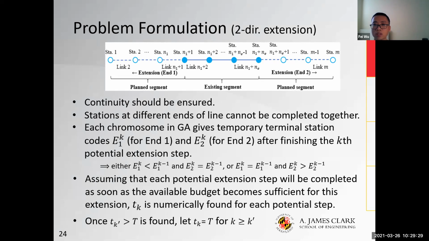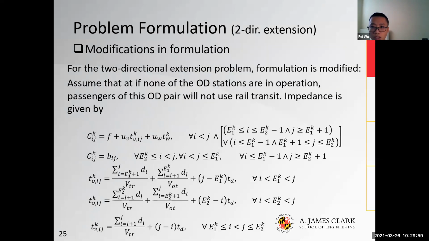The stations and links for the corresponding extension step will be completed. However, if some numerically determined completion time exceeds the duration of the analysis period, then we assume that these stations and links will not be completed, and the corresponding extension step will not be realized in the analysis period.